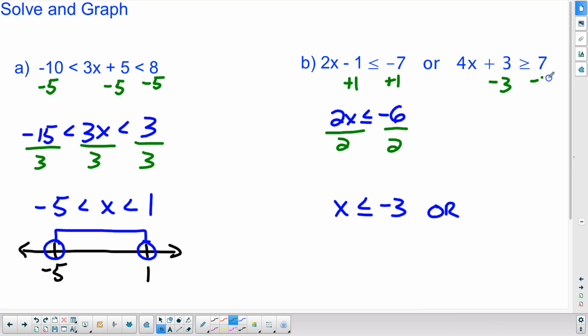Subtract 3 on the other one. Divide by 4.